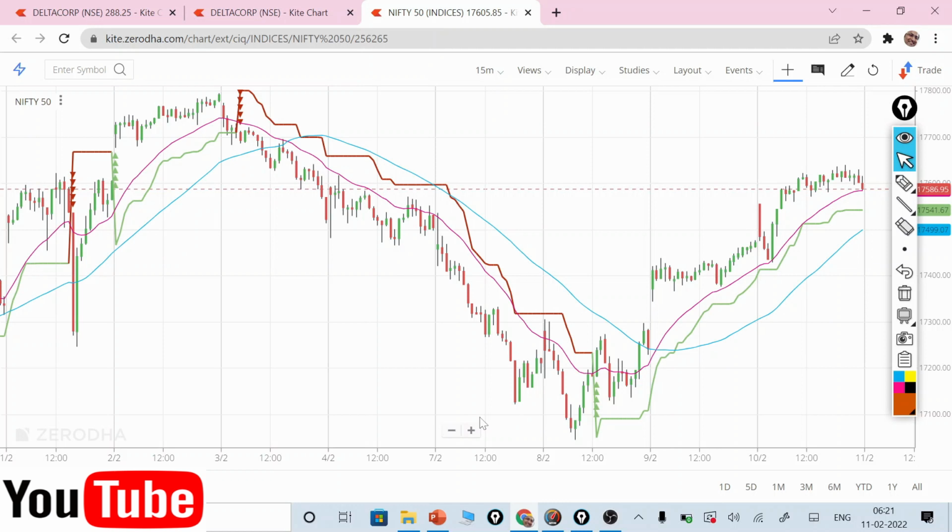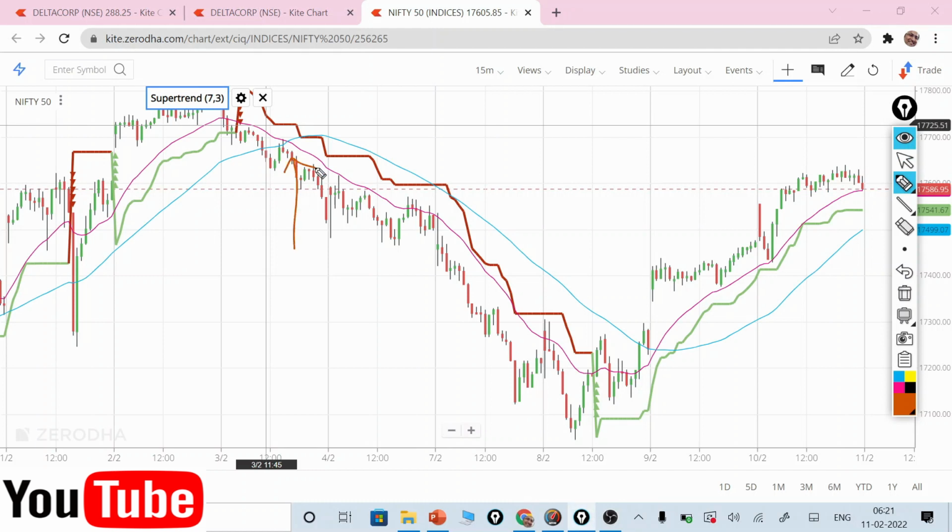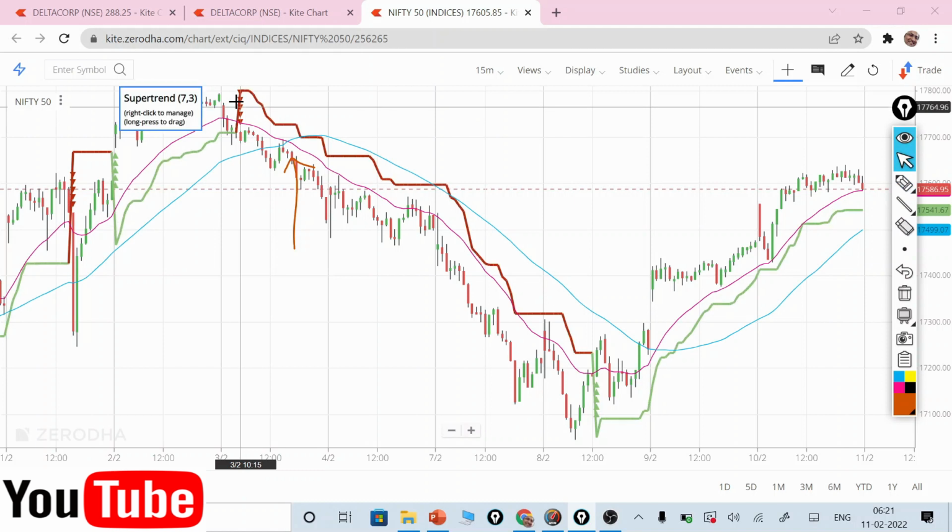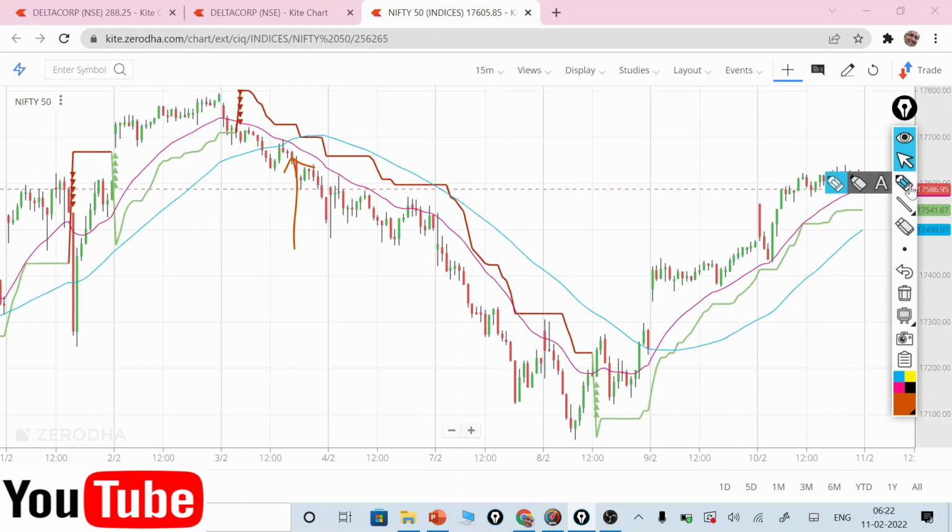See, look at here. See the crossovers. Now only observe the crossovers. So here there is a crossover. Always, when the short term exponential moving average crosses the long term exponential moving average from above, this is one point.